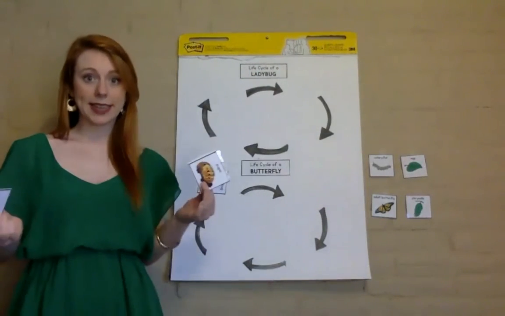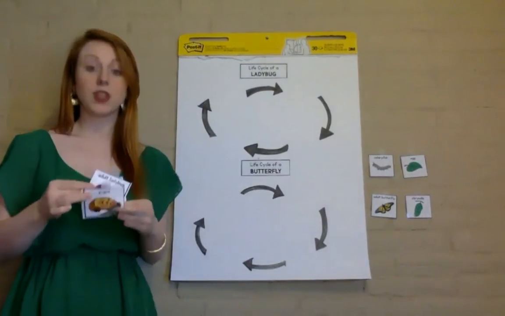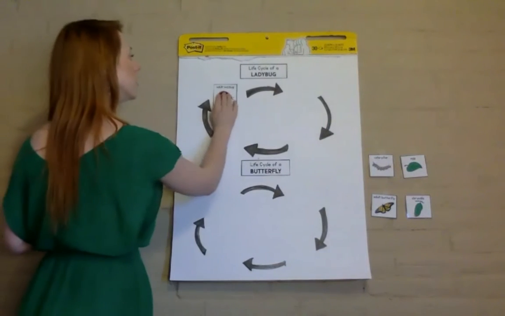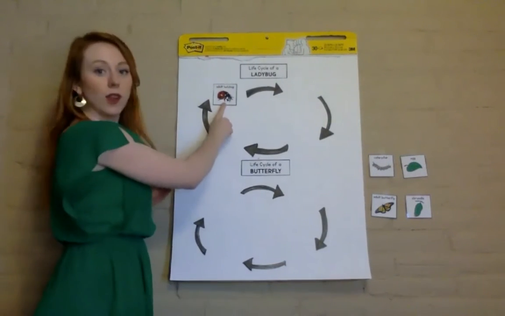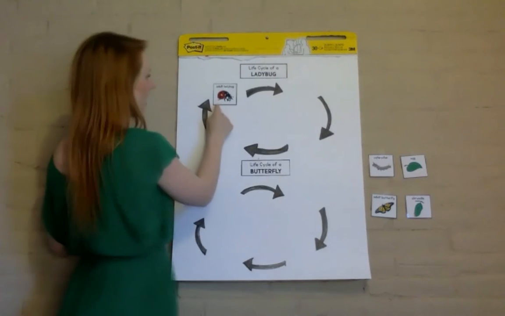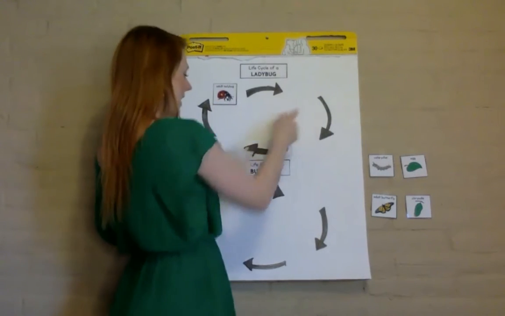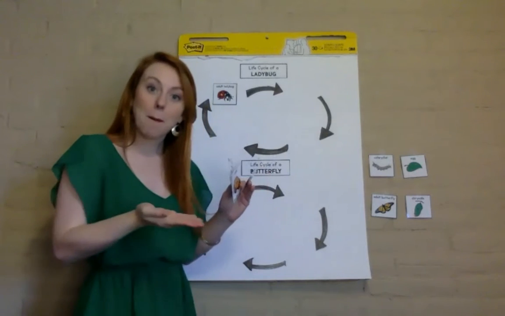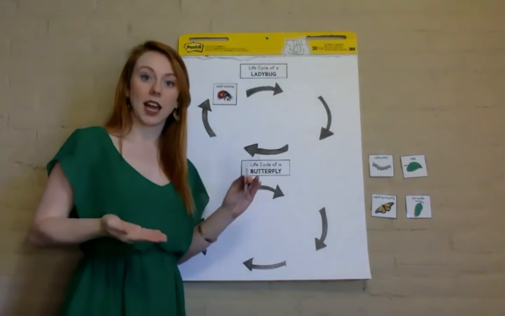So remember they said you always start with the adult. So the adult ladybug, we're going to place right here. Now the adult ladybug lays its eggs, do y'all remember where? On the bottom or underside of a leaf.